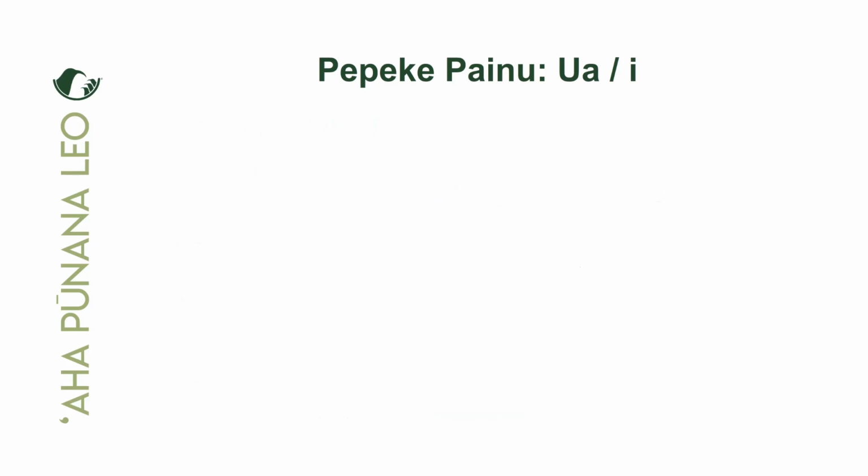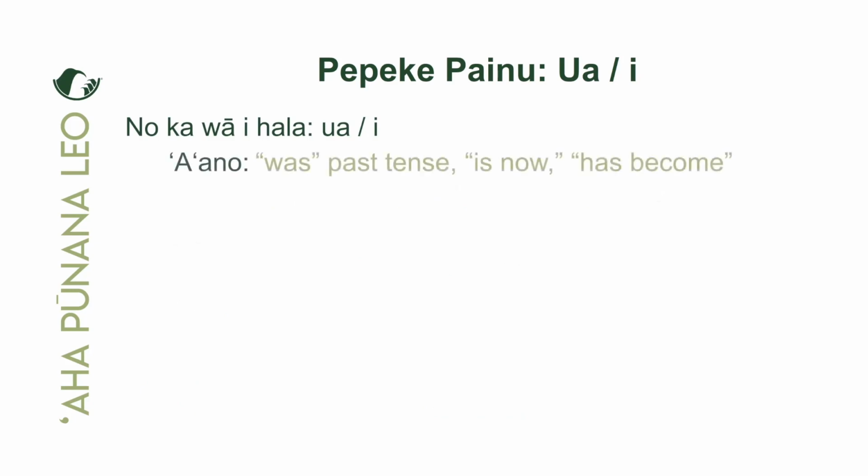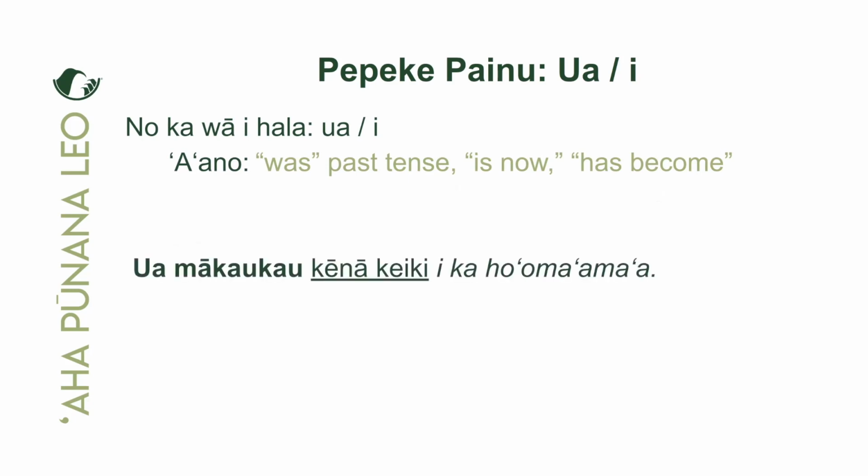All right, so now no kekahi 'ao'ao, using ua and i with 'a'ano type verbs, the meaning changes. Now it means was, past tense, or is now, or has become. So let's na'na'i at an example of this. Ua mākaukau ke keiki i ka ho'oma'ama'a. Mākaukau means to be ready, to be prepared.